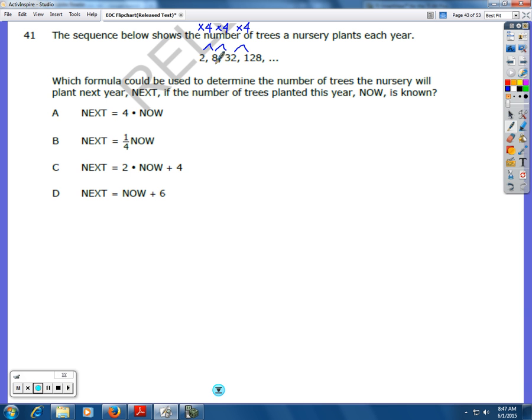Okay, from 2 to 8, you multiply by 4. From 8 to 32, you multiply by 4, so on and so forth. So every single time, you're multiplying by 4. So if you look at your answers, the answer that says that you multiply by 4 every single time is A. Okay, your next number would be 4 times whatever your current number is.